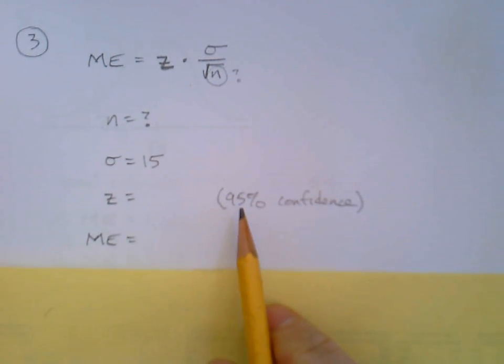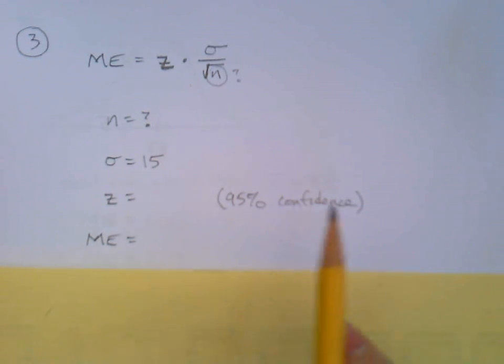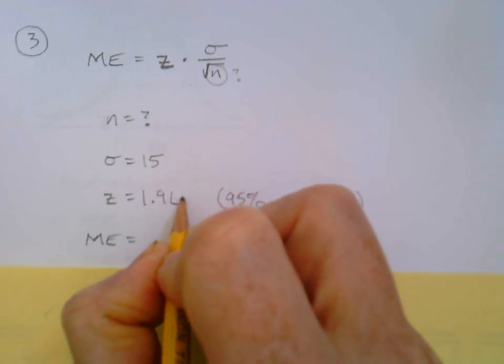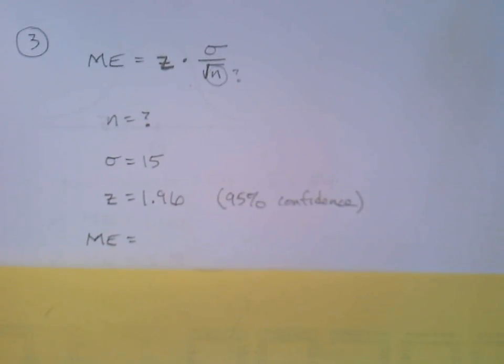But we've already done that back in number 1, part A, and we saw that same number at the beginning of this video talking about margin of error. It's 1.96. Again, you could use your StatCrunch calculator if you don't remember that. Put in 0.95 and have it work backwards.